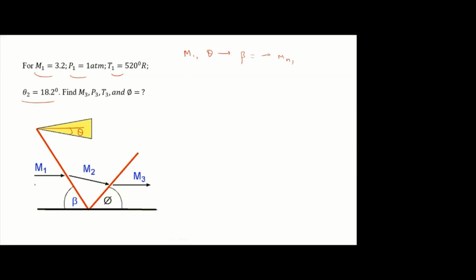Once you know the Mn1, you see the normal shock table, you can find Mn2, pressure ratio P2 by P1, T2 by T1. If you want P02 by P01, you can find it. And from the Mn2, you can find M2. Okay, so first oblique shock wave is over. Then how to proceed to the second oblique shock wave?